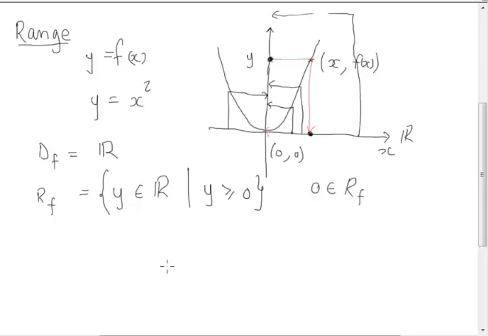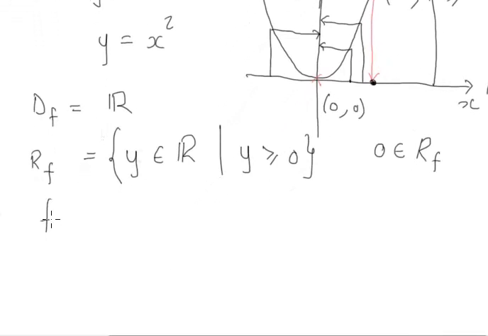When we say a function has got a restricted domain, like the domain of x squared is not restricted. But if we get an expression like f of x equals 1 over x minus 1, then that domain is restricted in such a way that 1 is excluded.